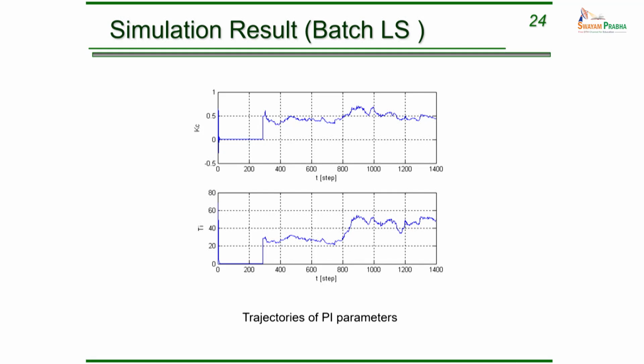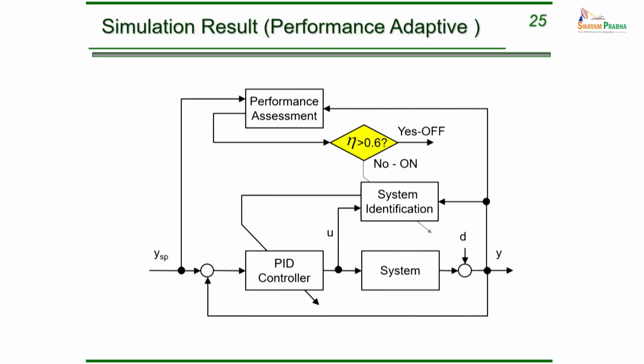Here are the controller parameters Kc and tau I. Tau I corresponds to the integral time term. Kc is the proportional gain. And in continuous adaptive control, the gains do change quite often, in fact at every sample interval.